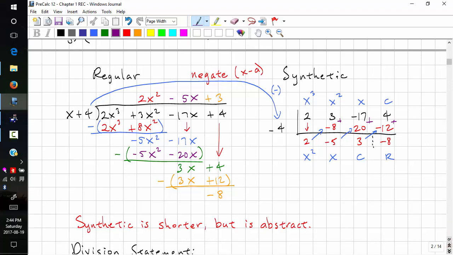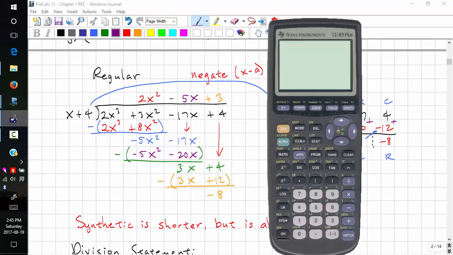And how can we check our answers? You can always use your calculator. Okay, so we just enter the problem. And you need brackets around the numerator, 2x cubed plus 3x squared minus 17x plus 4. And make sure you close your brackets.